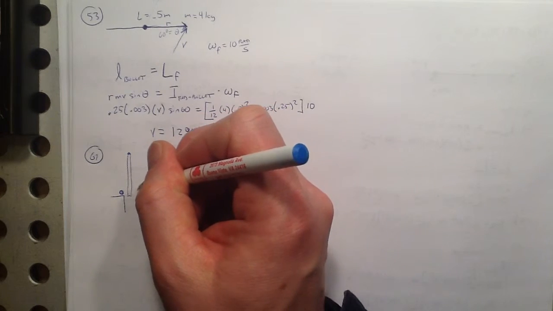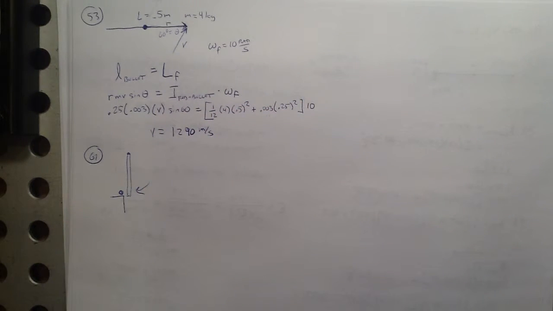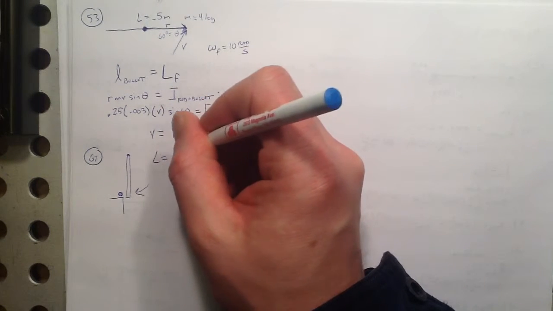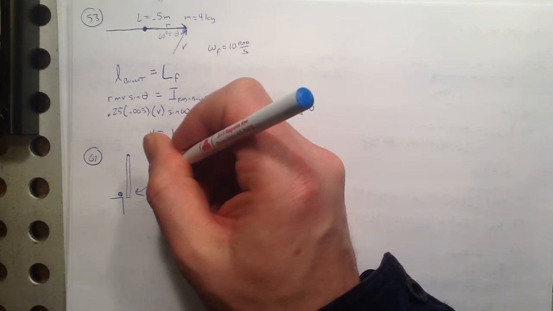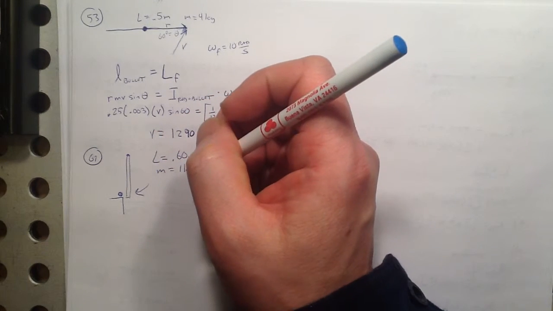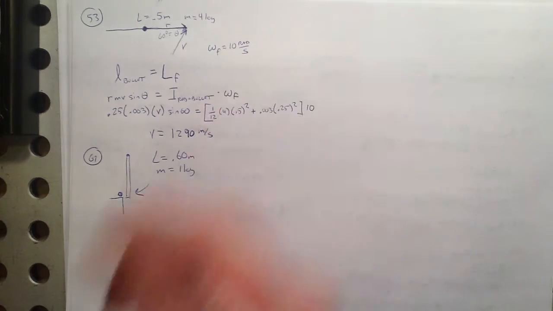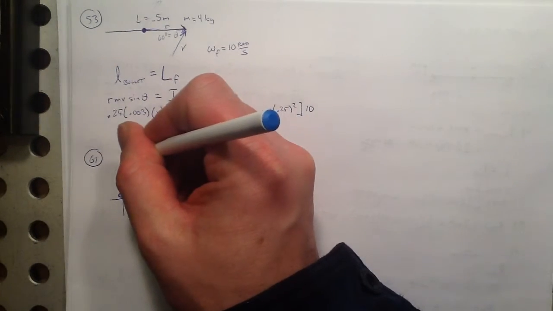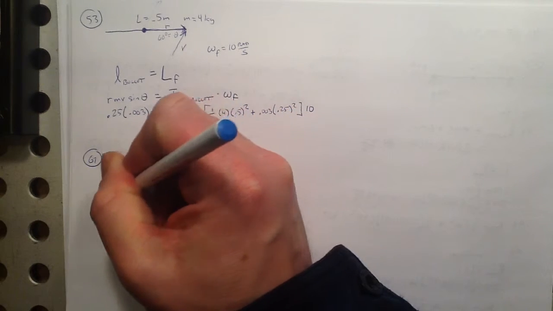It's going to rotate down this way. A uniform rod, which has a length of 0.6 meters, a mass of 1 kilogram, rotates in the plane of the figure about an axis through one end. Right, there's the axis there. So it's going to swing down and then crash into that.